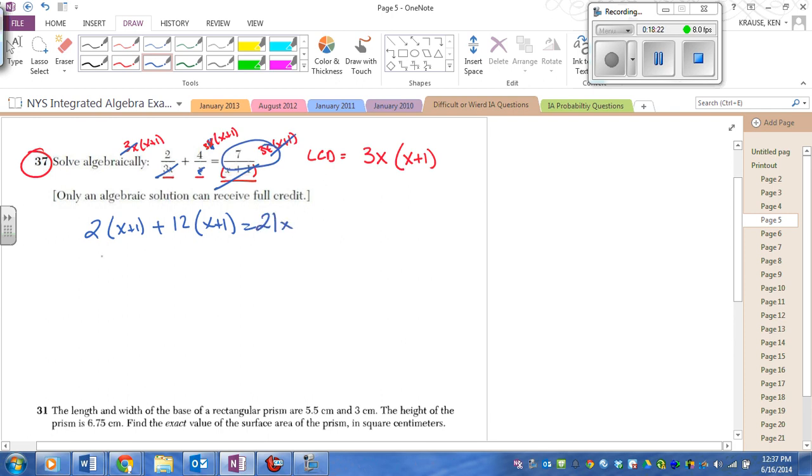Alright, so I get 2x plus 2 plus 12x plus 24 equals 21x. Subtract 22x. No, I'll leave it there. Let's clean this up. 14x plus 26 equals 21x.